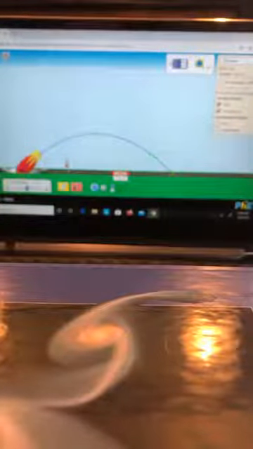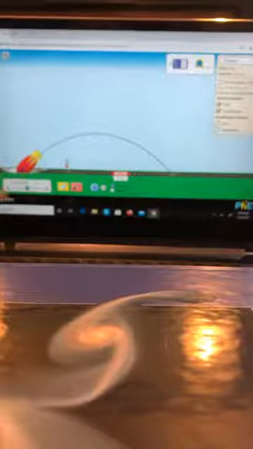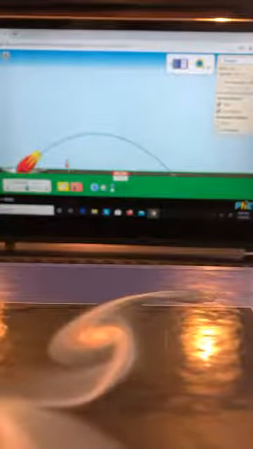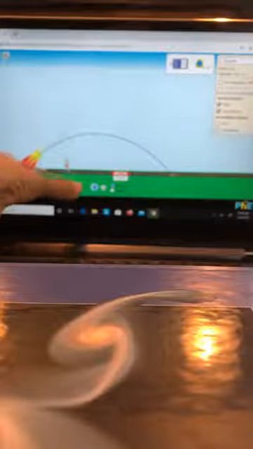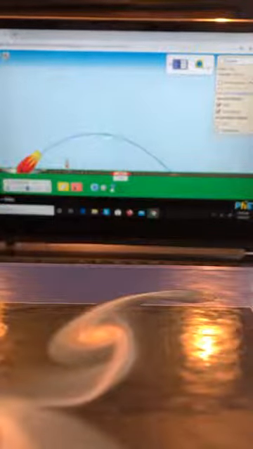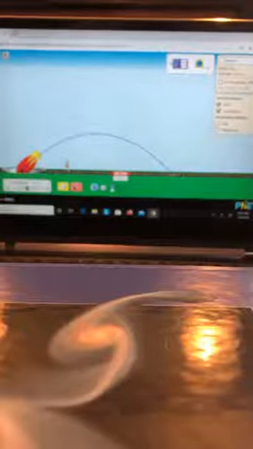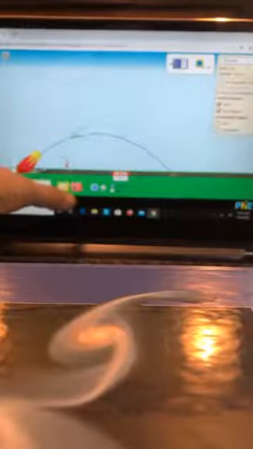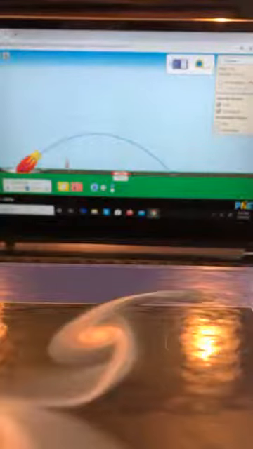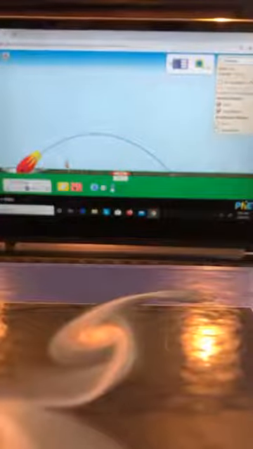The bold arrow is the total velocity, and the other two arrows are components. The vertical component continuously changes. It starts from maximum, goes to 0 at the maximum height, then reverses and becomes maximum when it hits the ground.